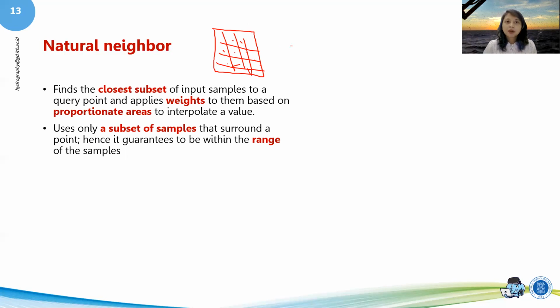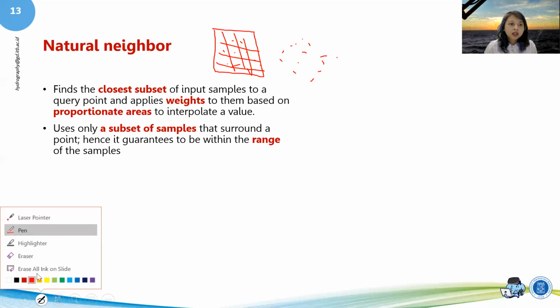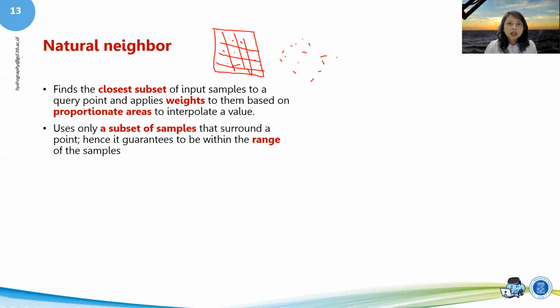But in natural neighbor, for example, if your samples look like this, then your interpolated surface will basically look like this. So it will only use the samples within its range. So it will not, for example, interpolate, or basically it's not interpolate, it's extrapolate outside of the zone. So those things will not exist.